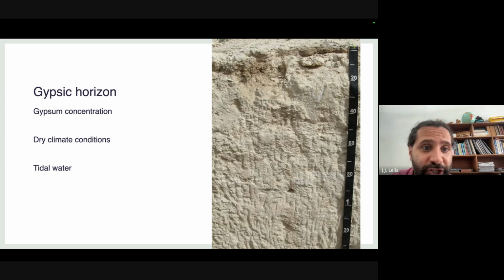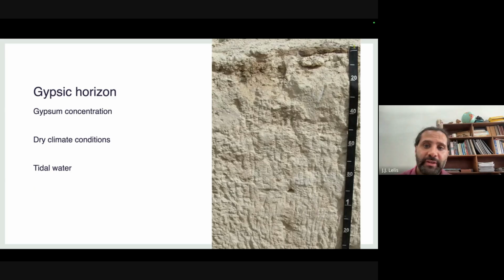Let's see now the gypsic horizon. And the gypsic horizon, it's 100% different from the others. The gypsic horizon expresses the concentration of gypsum, okay? So we already saw that some epipedon patterns can concentrate calcium sulfate, but now let's talk about calcium sulfate concentration at subsurface horizons, okay?